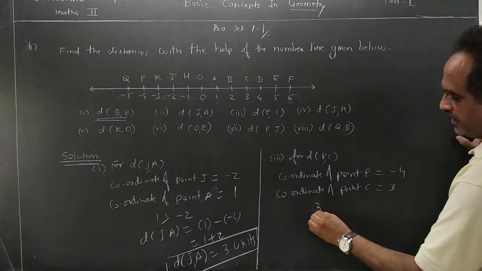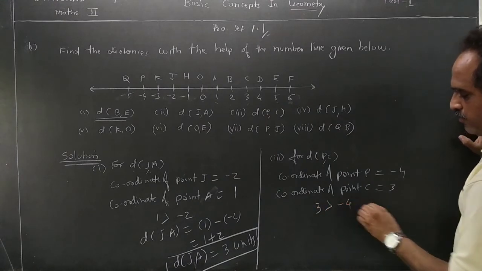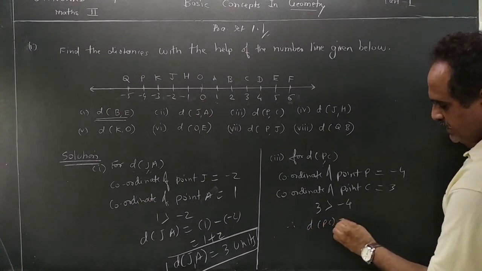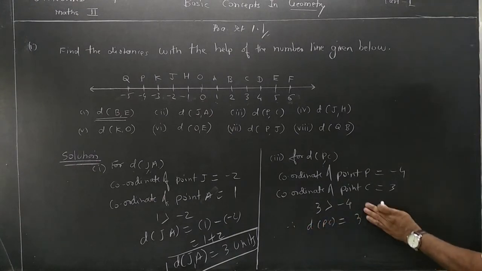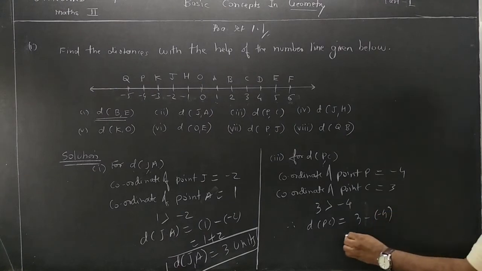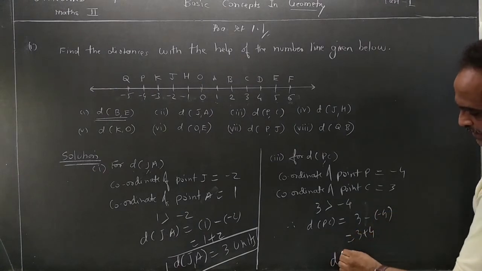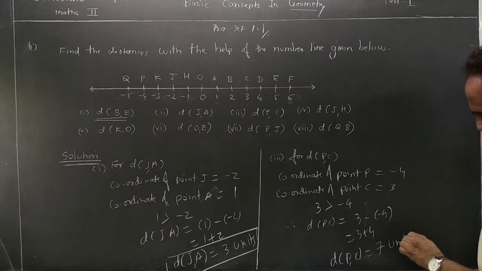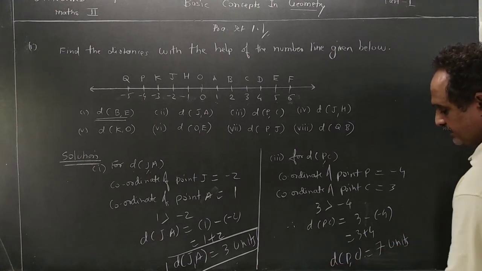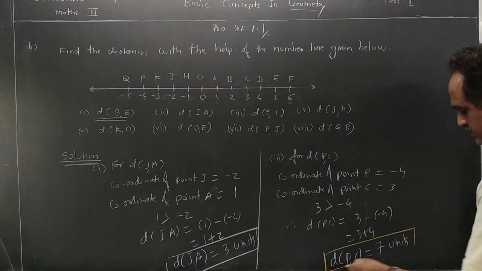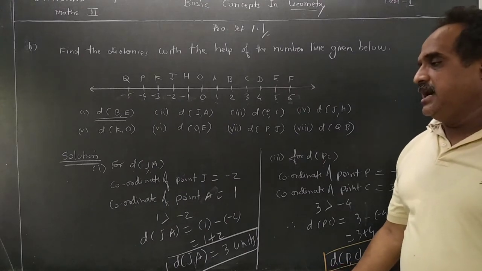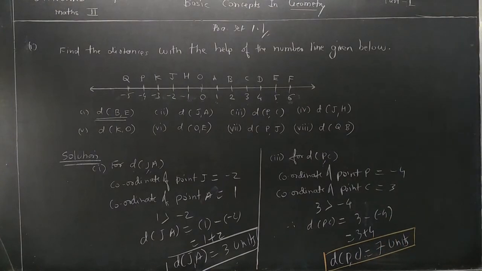Which one is greater? 3 is greater than minus 4. Therefore, distance PC is equal to 3 minus minus 4, that is 3 plus 4. Distance PC is equal to 7 units, which you have to put in the box. Have you understood this? Okay.